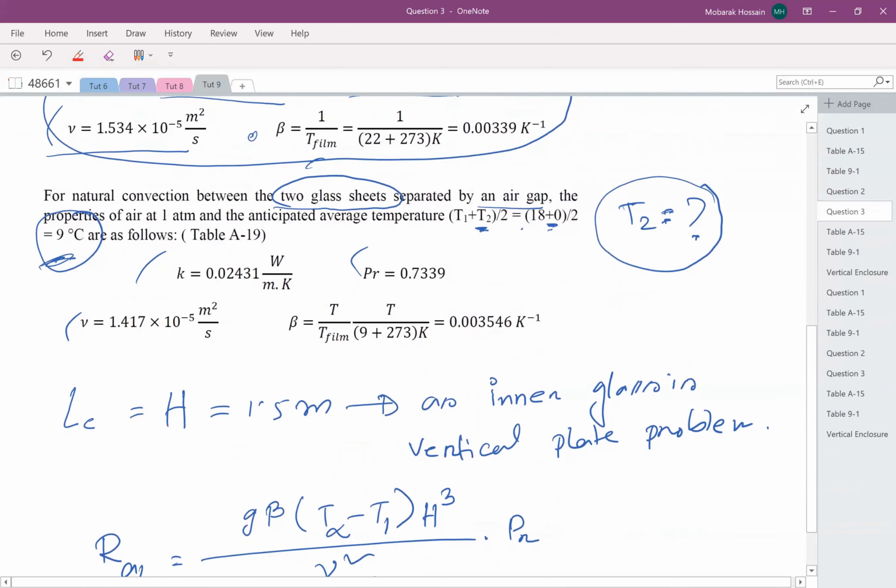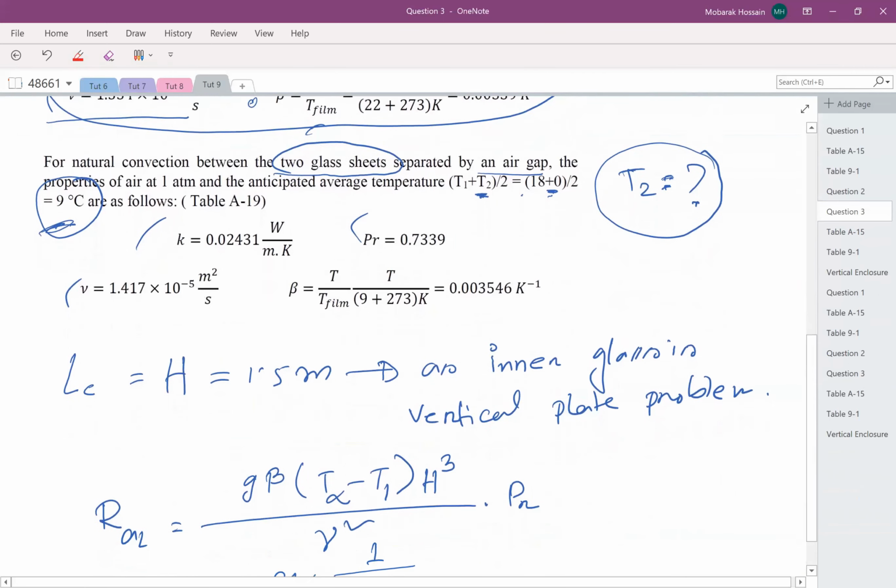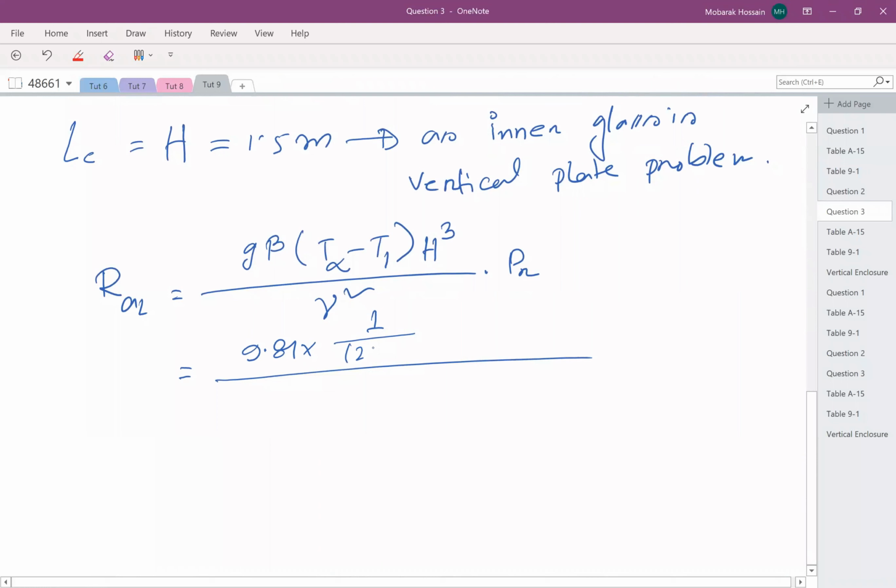So 22 plus 273. Then the temperature difference was this one, 22 minus 18. Height is 1.5 cubed. Prandtl number is 0.7304.